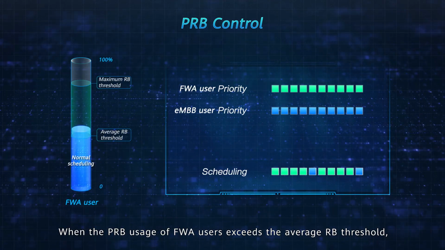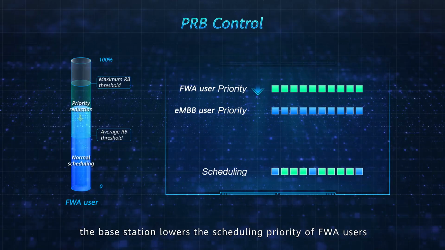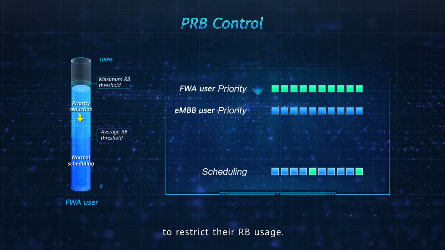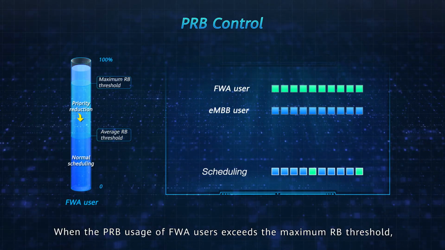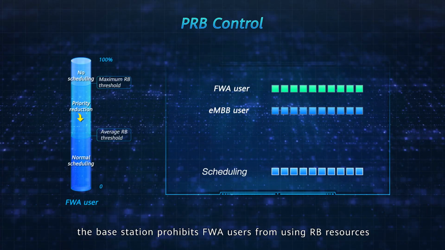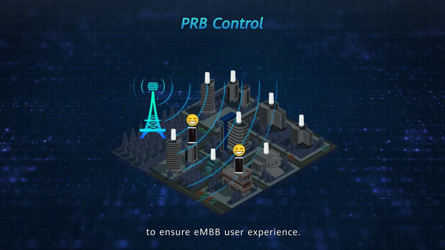When the PRB usage of FWA users exceeds the average RB threshold, the base station lowers the scheduling priority of FWA users to restrict their RB usage. When the PRB usage of FWA users exceeds the maximum RB threshold, the base station prohibits FWA users from using RB resources to ensure eMBB user experience.